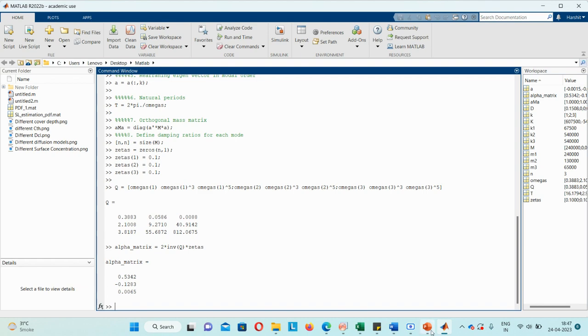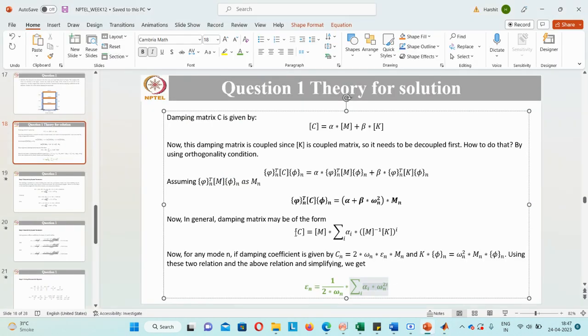Now how will we obtain the damping matrix? It will be nothing but the mass matrix, which we know, and the alpha values, which we know, and we just need to write this equation for i equal to 1, i equal to 2, and i equal to 3. First we will write the inner term, and then later on we'll multiply it by the mass.